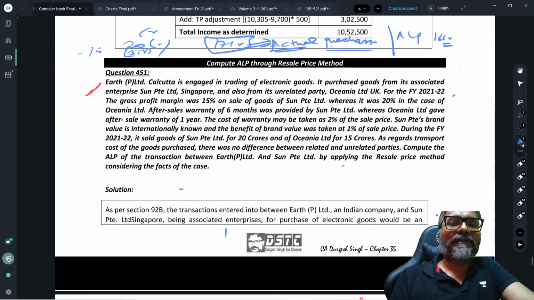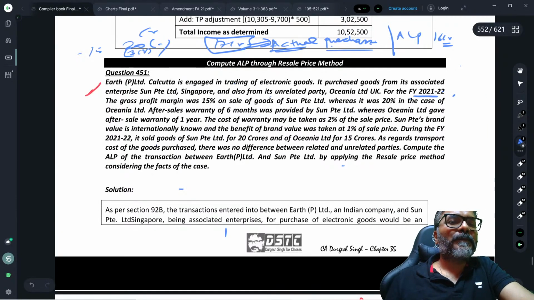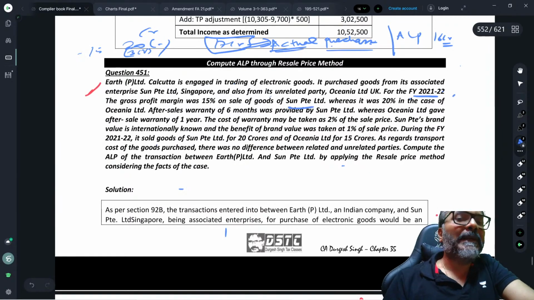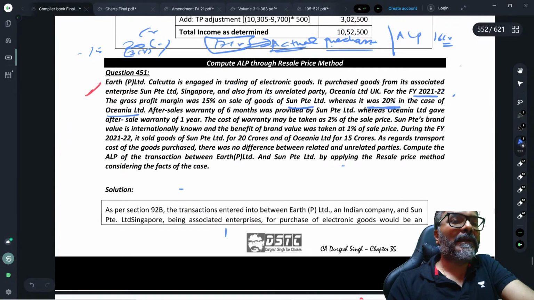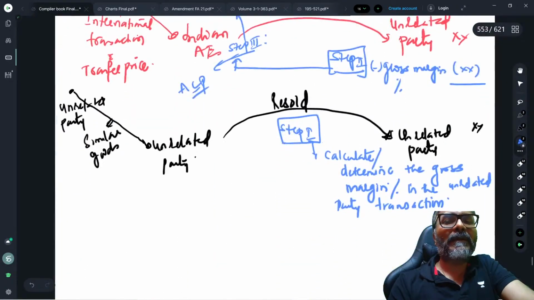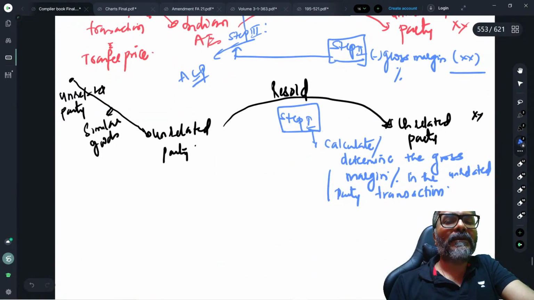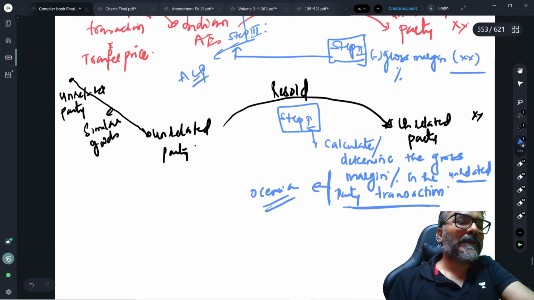For the financial year 21-22, the gross profit margin was 15% on the sale of goods of Sun Pte, whereas it was 20% in the case of Oceana Limited. Now you tell me, students, step number 1, we take up the gross margin of the unrelated party transaction, and the unrelated party in this example is Oceana, not Sun.